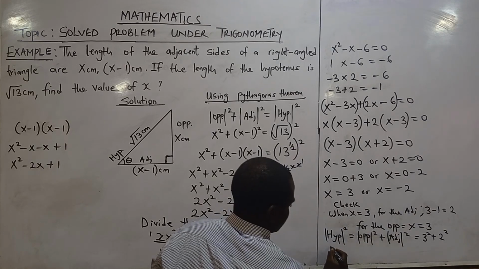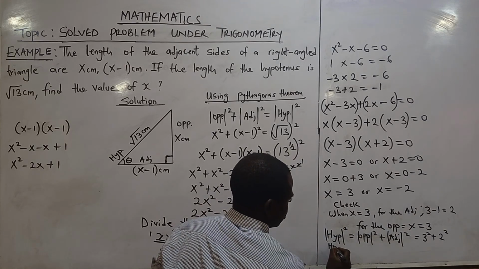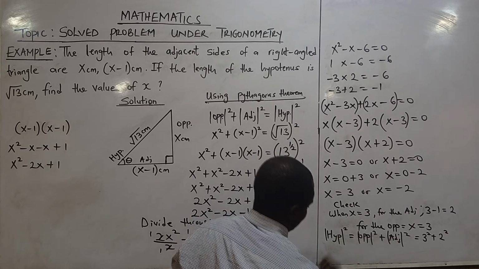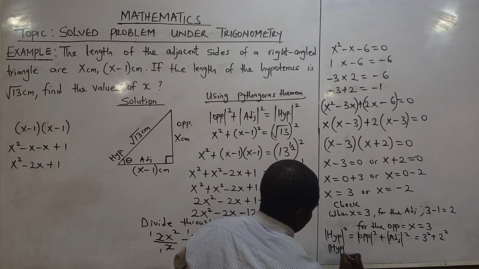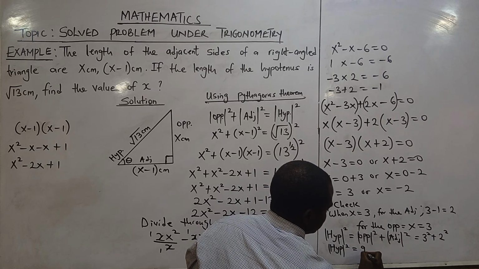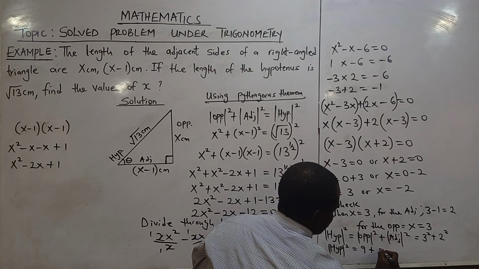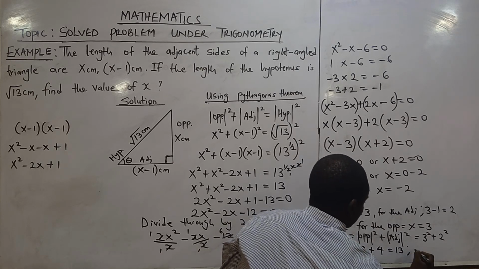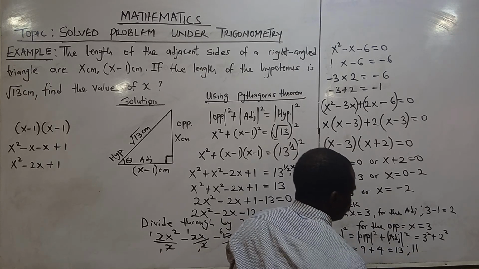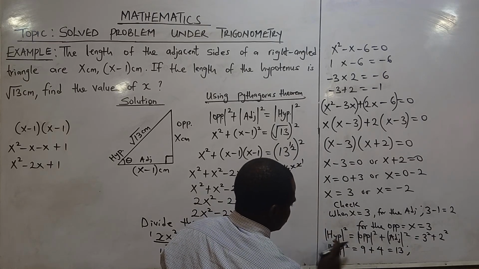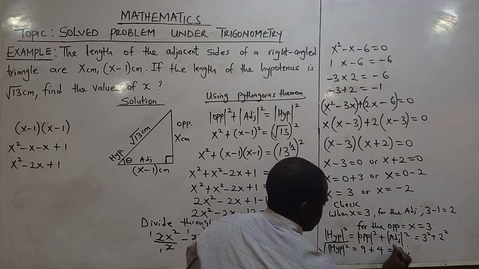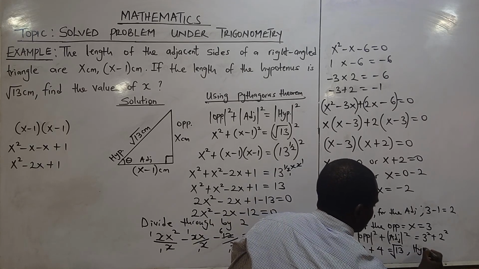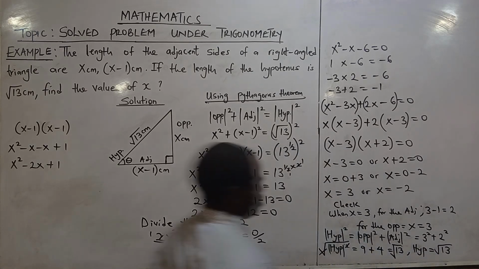That is, you now have hypotenuse squared equals 9, 3 squared is 9, plus 2 squared, that's 4, which equals 13. Now for the hypotenuse, you look for the square root of both sides. This square root will cancel these two. Now our hypotenuse equals the square root of 13.